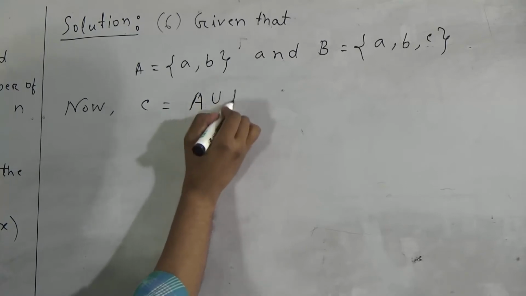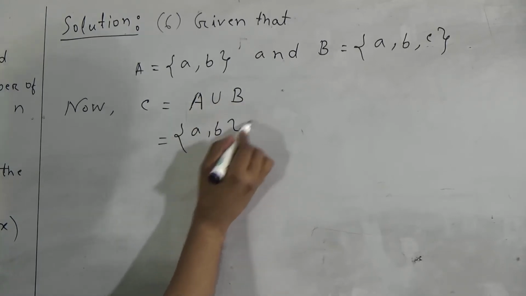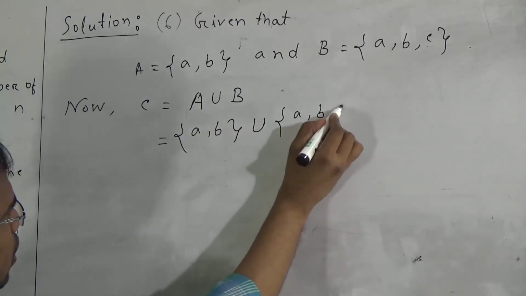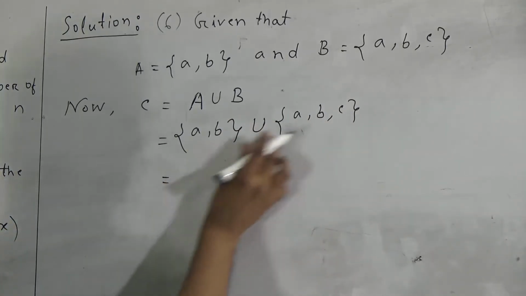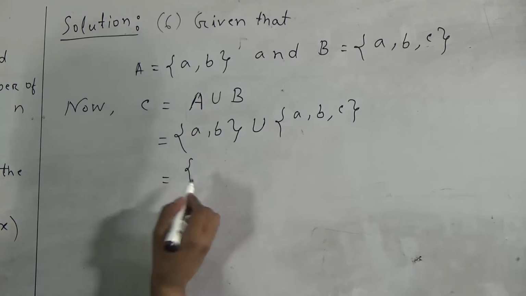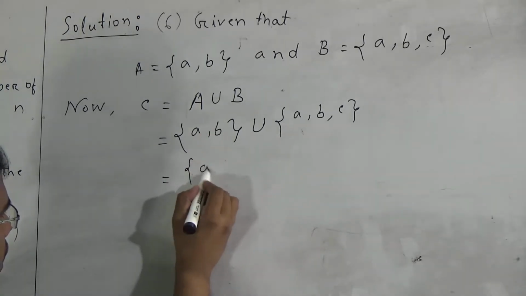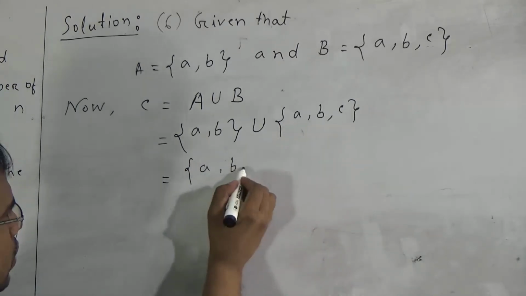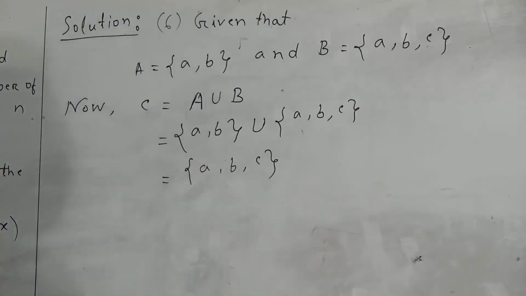Now the value of A is {a, b}, union the value of B is {a, b, c}. Now the union of sets A and B is equal to all of the elements from this set and this set will come, but one element comes only one time. So a and b will come here from this set. a and b we have already written, now only c will come. That means C equal to {a, b, c}.